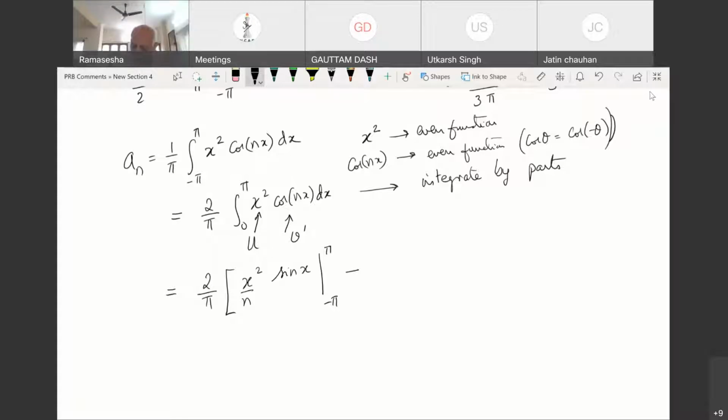So this will give me 2 upon pi, integral 0 to pi, x sin nx dx. Sine of 0 is 0, and so I can forget the first term.